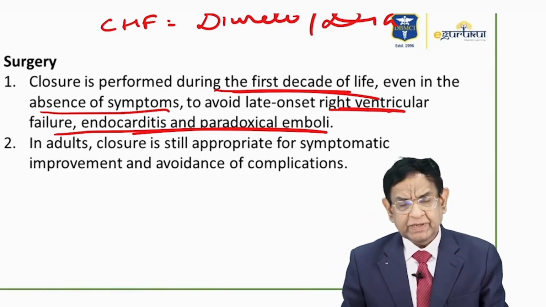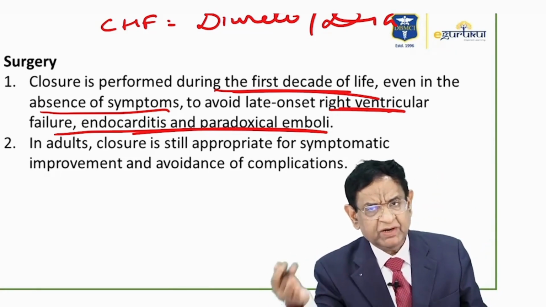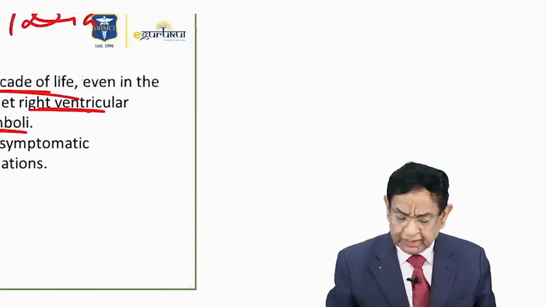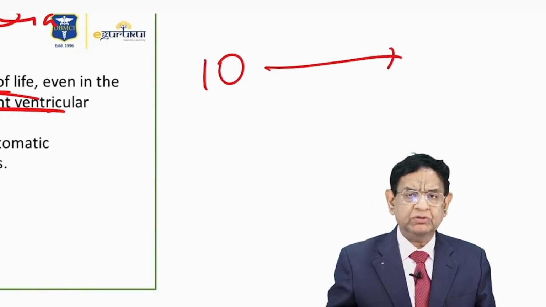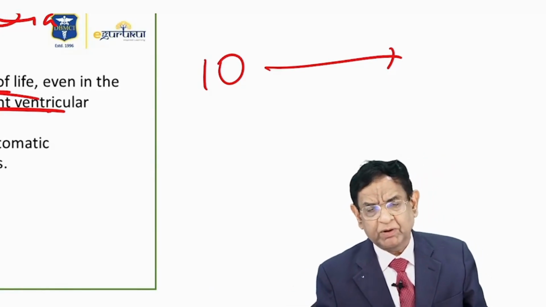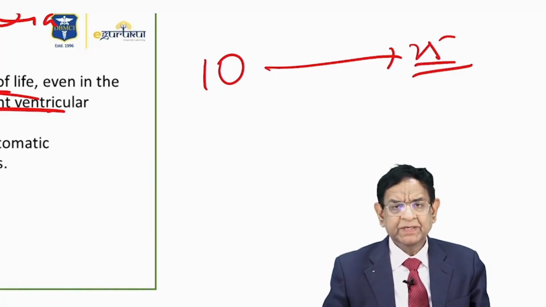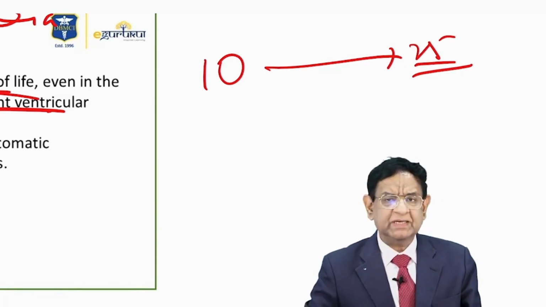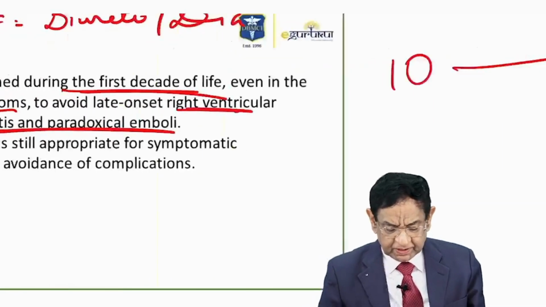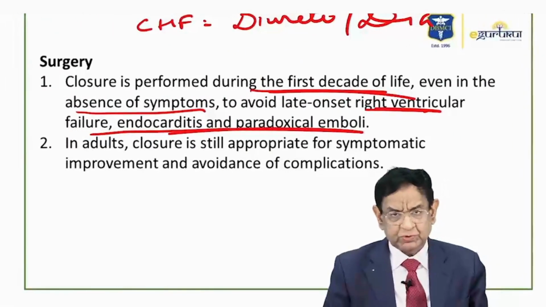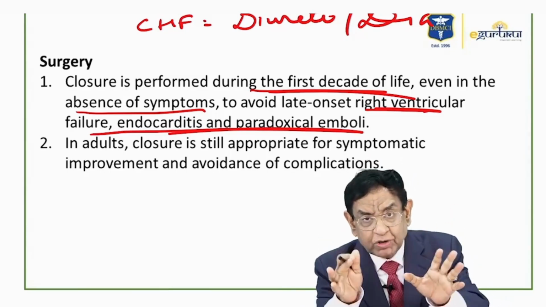So you have to tell them it has to be operated, today or tomorrow or after 1 year or 10 years. Today the child's age is 10 years, and in due course of time he is bound to have problems. Maybe at the age of 25 years he will have a lot of problems. So it is better to take it up now. This is the ideal example of prevention being better than cure.